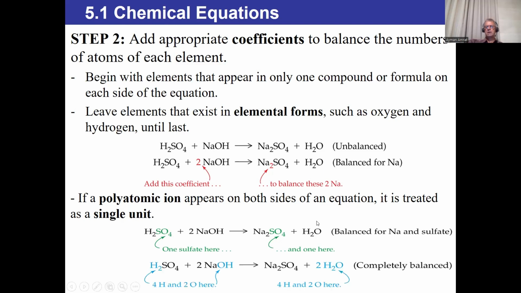Now, after balancing SO3 and sodium, you can complete the balance of the equation, meaning balance hydrogen and oxygen by multiplying the water by 2 to have 4 hydrogens and 2 oxygens.